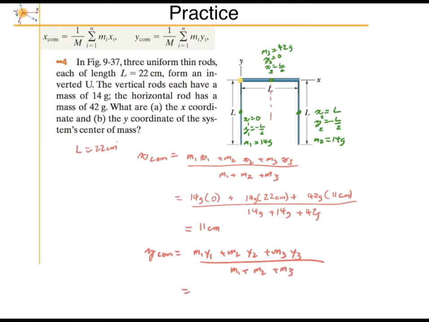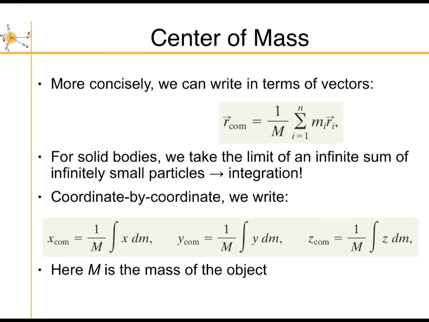And if you were to calculate it all, you would get minus 4.4. So our center of mass will be somewhere here, approximately.